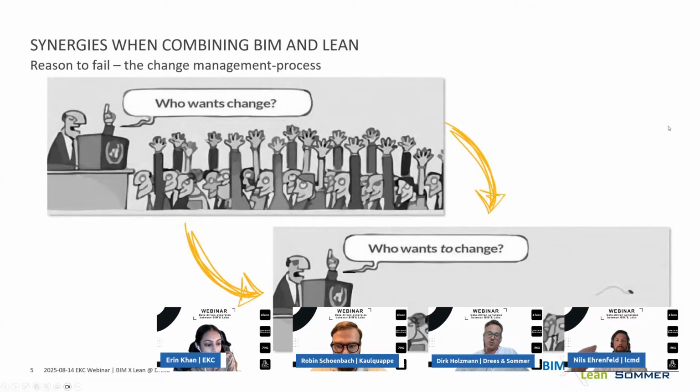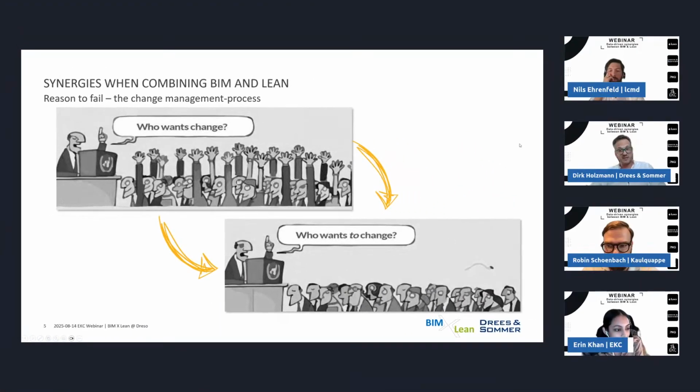But if you ask who wants to change himself or herself, most of them don't want to rethink their own projects and their own processes. And this is really necessary to optimize the processes in the combination of BIM and Lean, especially.